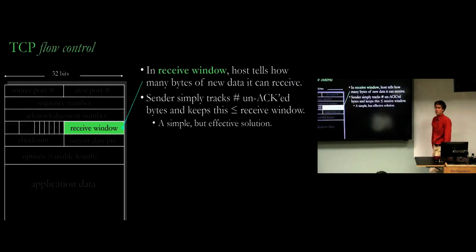So every packet has a receive window in the TCP headers, which allows the host to tell the other side how much space it has available to receive more data. This is a very simple mechanism to prevent overflow of the receive buffer, because the sender will stop sending data when it has more data in flight than the receive window indicates.